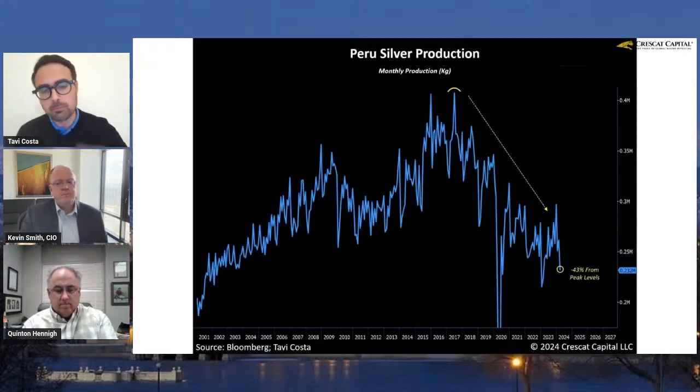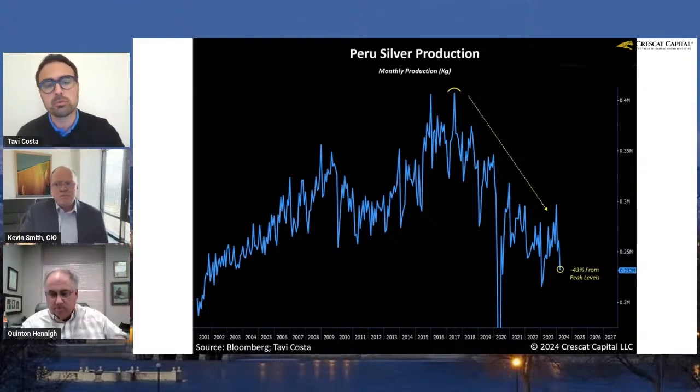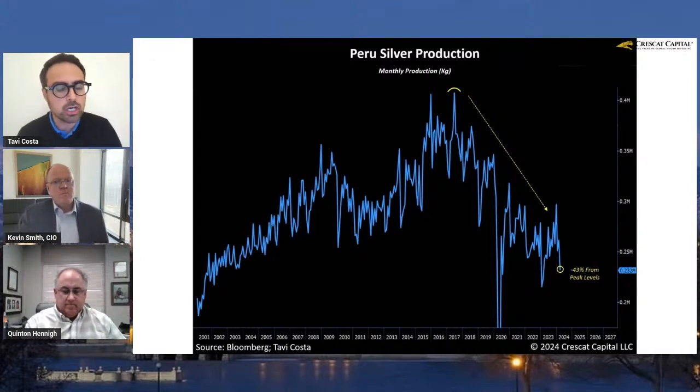I'm almost done. Silver production, just looking at the Peruvian silver production, because it's the second largest production in the world, along with China. It is at one of its lowest levels in history. It's a big decline, about a 40% decline from its peak levels, as you can see in this chart.